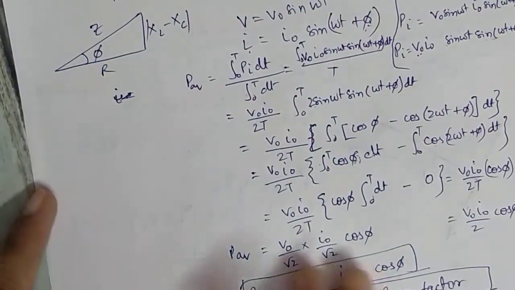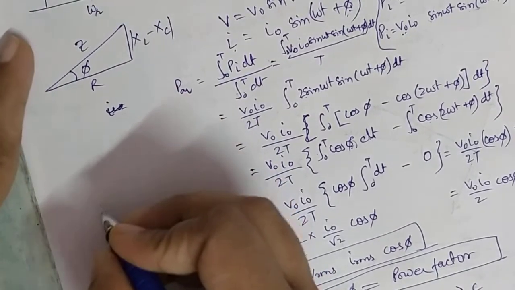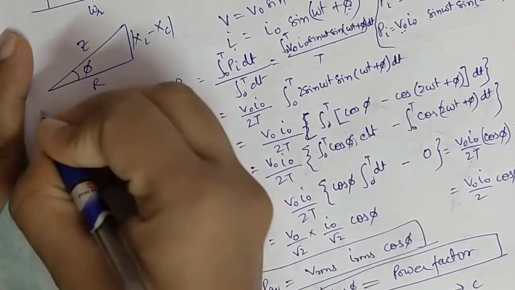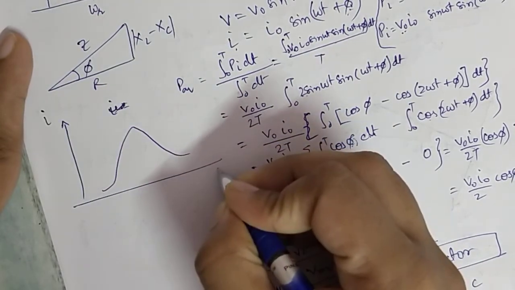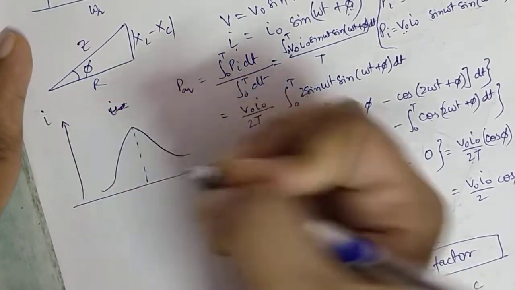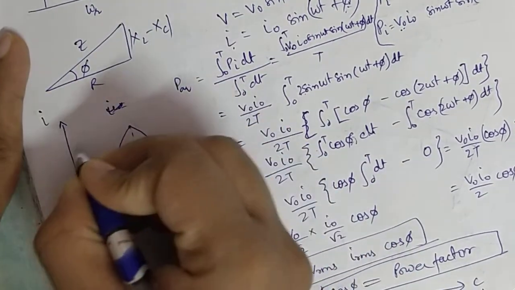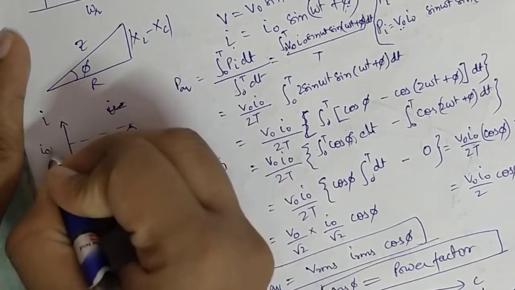Now, sharpness of resonance. For sharpness of resonance, you know this kind of graph for I and omega. This peak is obtained at omega r. Now this is I naught max.